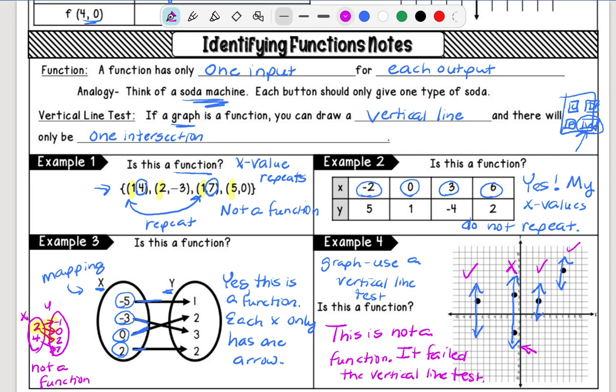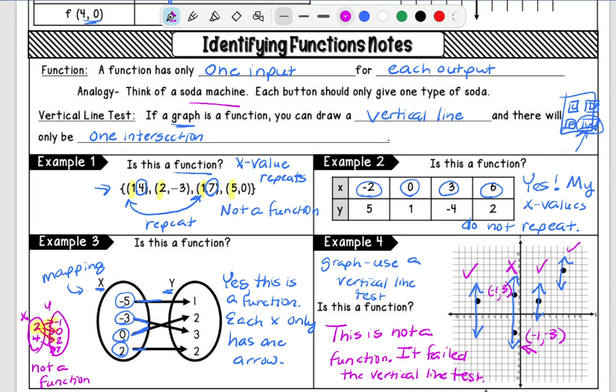Okay. So what you're seeing here, when you go back to this silly little soda machine example, is that this point is -1, 3, and this one is -1, -3. So in that example, you would hit the -1 button, and one time it would tell you +3, and one time it would tell you -3.